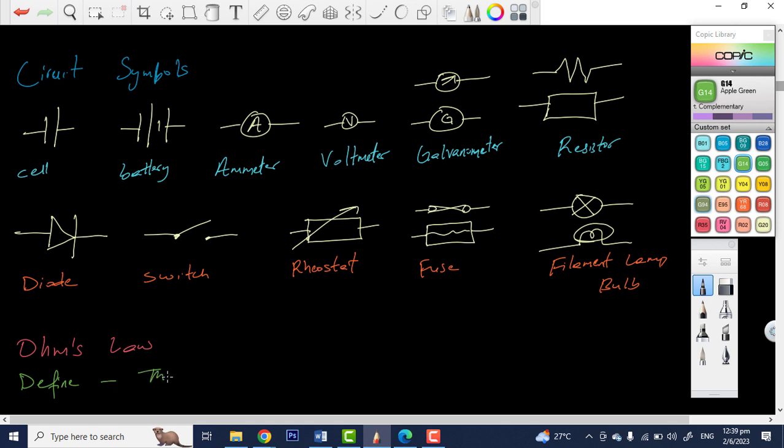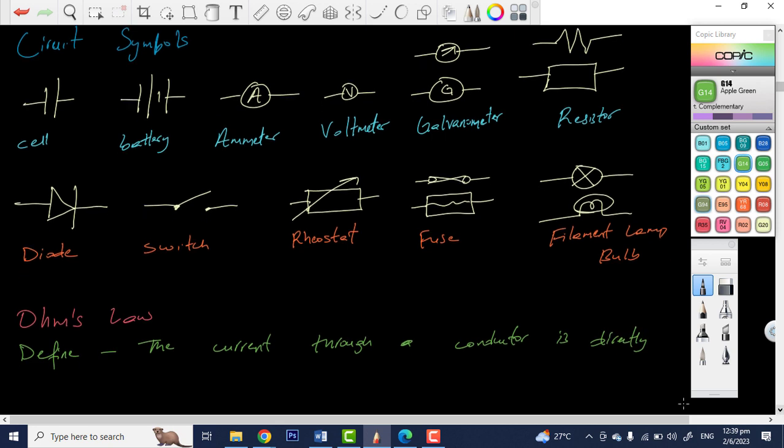Alright, circuit symbols. Next major thing that we need to be aware of is Ohm's law. We should be able to define it, and I'm going to just quickly define it here.